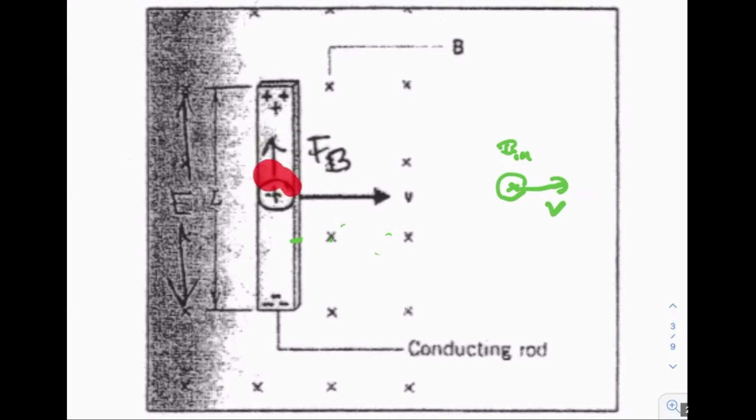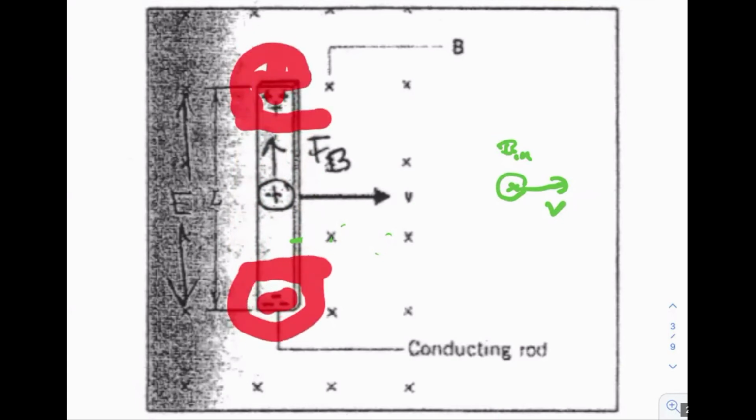So positive charges inside the metal piece will experience a force in the upward direction. Positive charges will move up, and negative charges will experience a force in the downward direction, so the negative charges will move down. Notice that the positive charges will accumulate on top, and the negative charges will accumulate at the bottom.